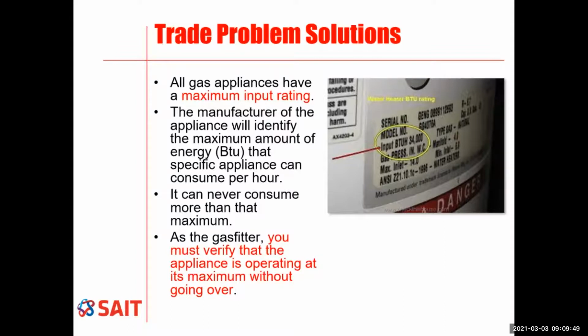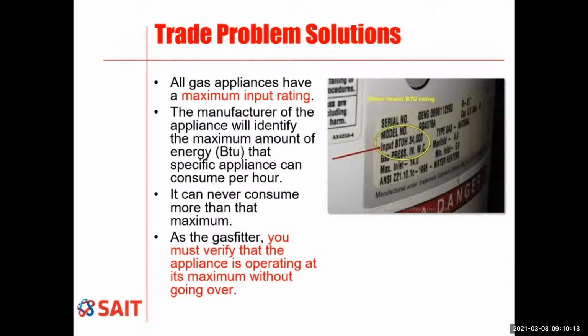And it is our job as plumbers and gas fitters, or gas fitters more specifically, that we have to verify this input value for this appliance. Because if this input value is exceeded, then that appliance has a chance to burn down to the ground and cause damage and maybe even kill people.